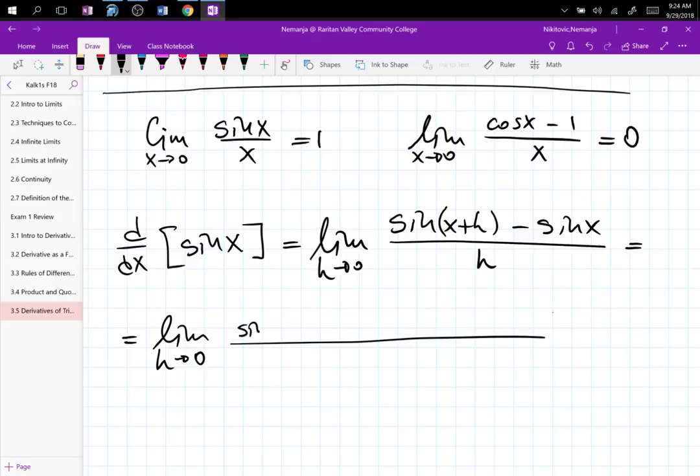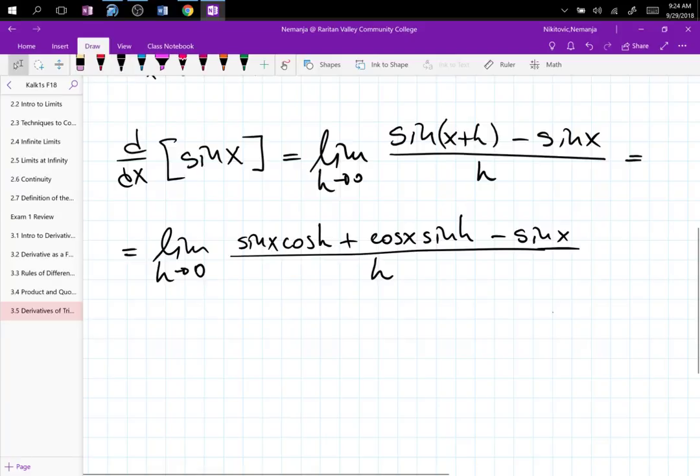So the formula is sine x cosine h plus cosine x sine h. And then we have minus sine x, to copy, divided by h, which is again just a copy. And then we have the limit as h goes to 0.